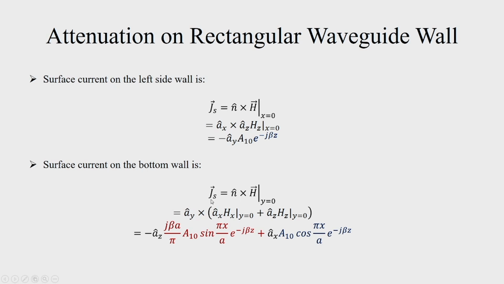So, once we have the surface current densities calculated on the side and the bottom walls, we can utilize this expression in calculating the power loss per unit length.